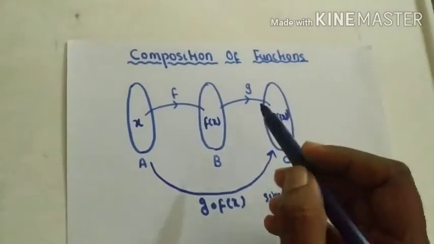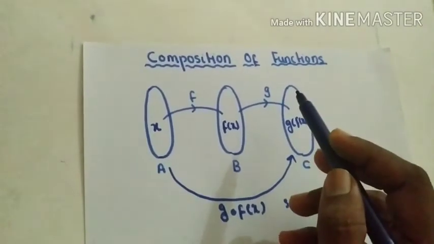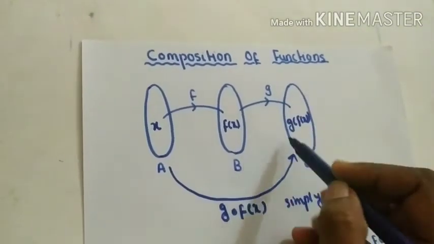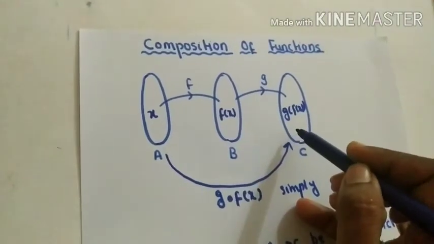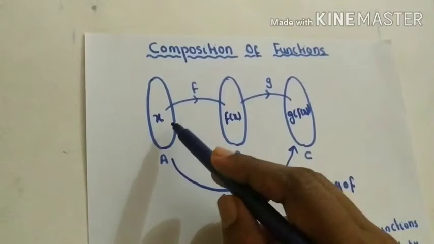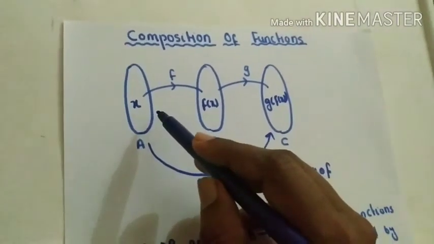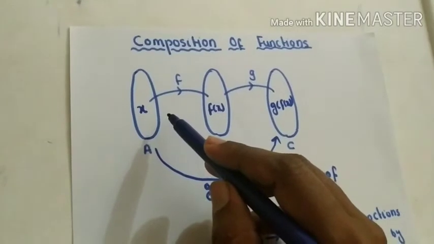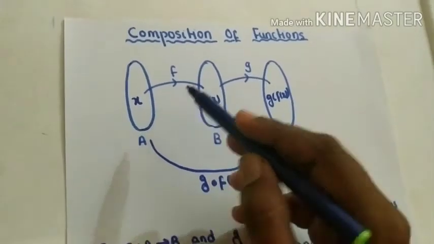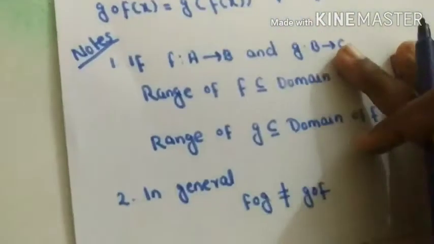Similarly, the range of g should be a subset of the domain of f for f of g to exist. Okay, I repeat.